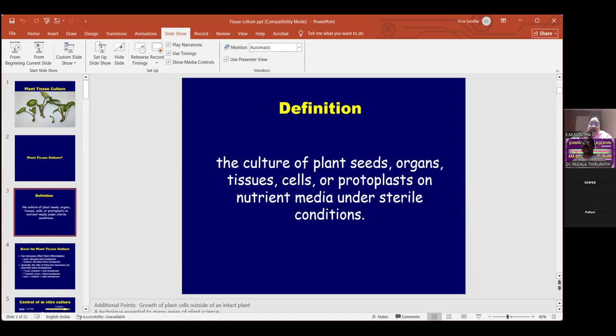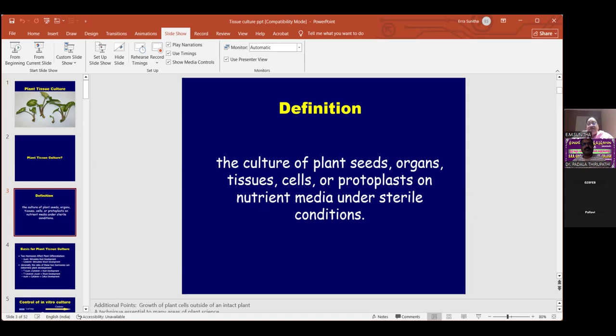Naturally, the nutrient medium has to be present and it has to be microorganism deficient. That means no microorganism should be present there. So a sterile condition has to be present. Why? Because contamination chances are more.